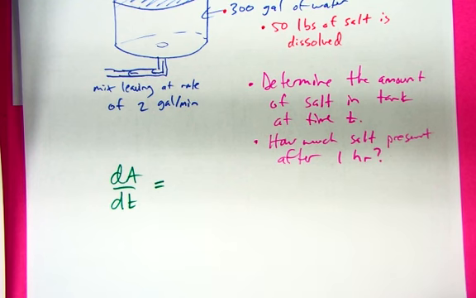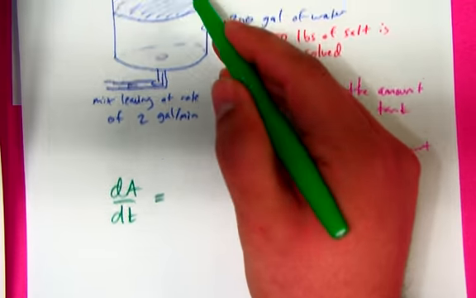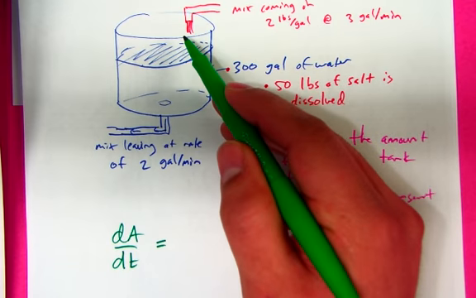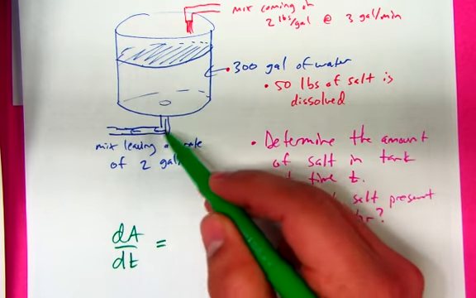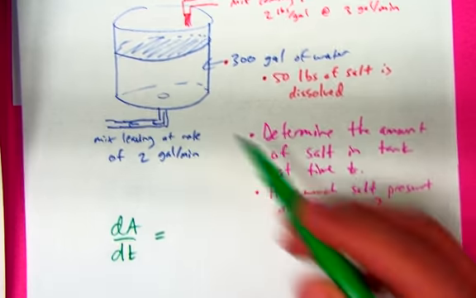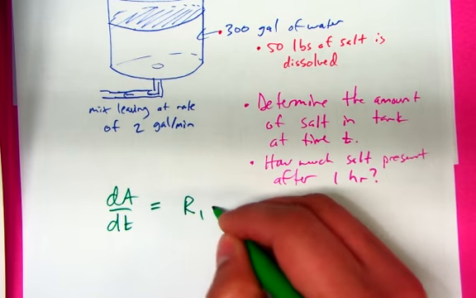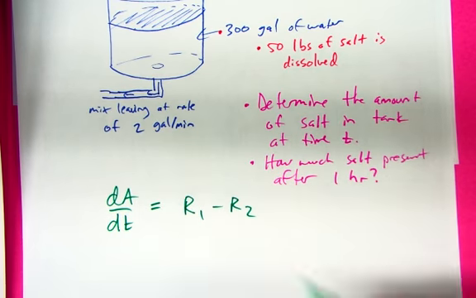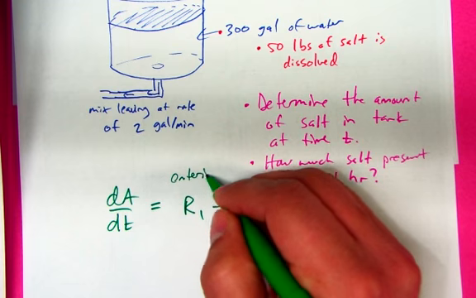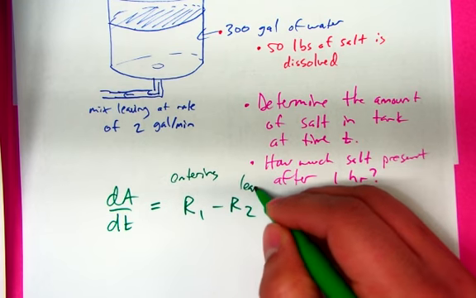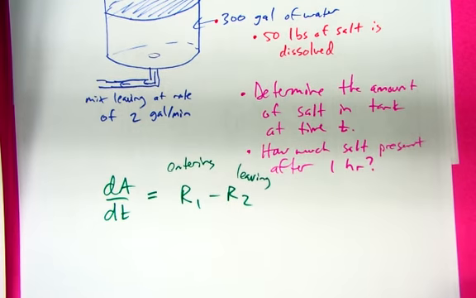We have two things to look at to find the net rate of change. We have stuff coming in, so that's going to affect the amount of salt in there. And we also have stuff leaving. So I'm going to call that R1 minus R2 to start. R1 is the amount entering, and the amount leaving is going to be R2.